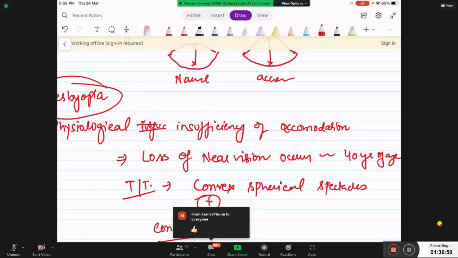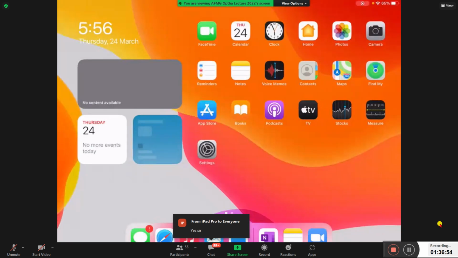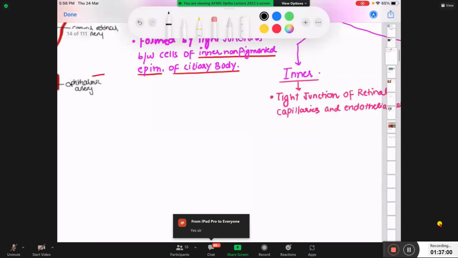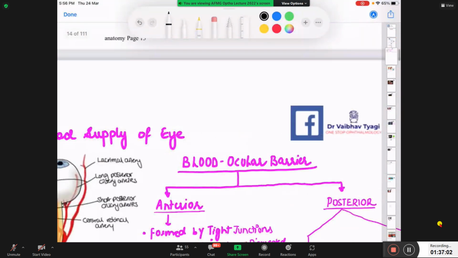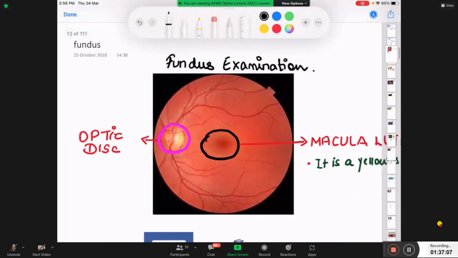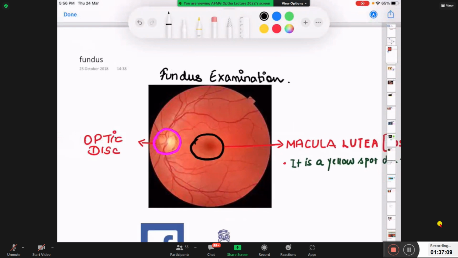Okay, good. The next important structure is your retina. As I told you, this is the normal retina. Whenever you are doing internship or residency, you must have got some fundus calls.